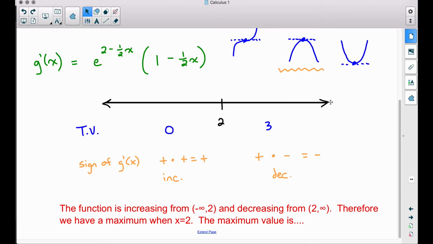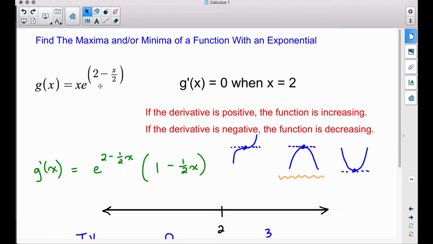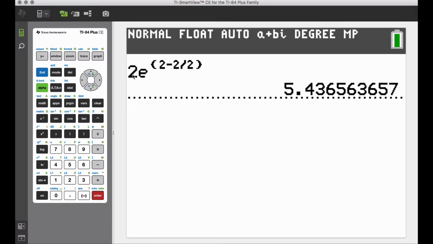Since we're going from an increasing to a decreasing function, we have a maximum at this critical value of 2. That maximum value is, well, what we want to do here is take 2 and plug it into the original function. Do not plug it into your derivative because that's going to give you 0, remember? And when we plug 2 into x, we get a maximum value of roughly 5.437.